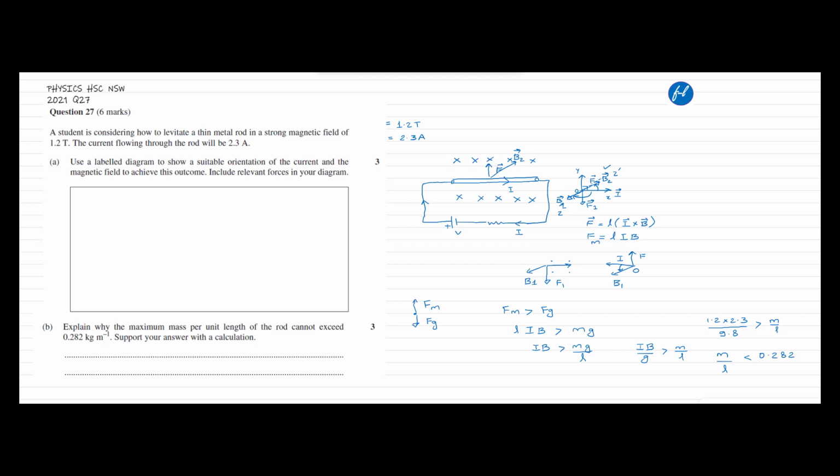Yeah, so mass per unit length of the rod cannot exceed 0.282. It has to be less than 0.282. That's all.